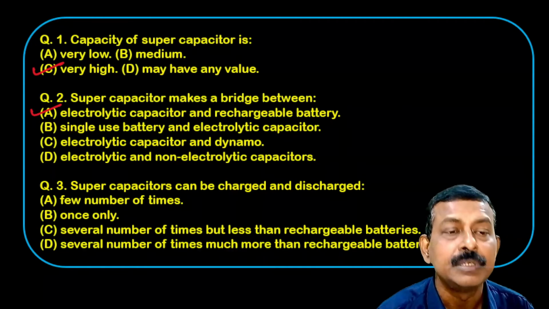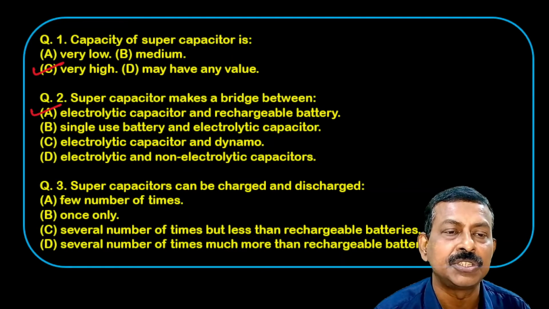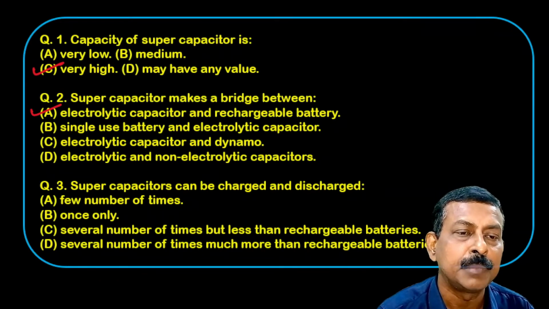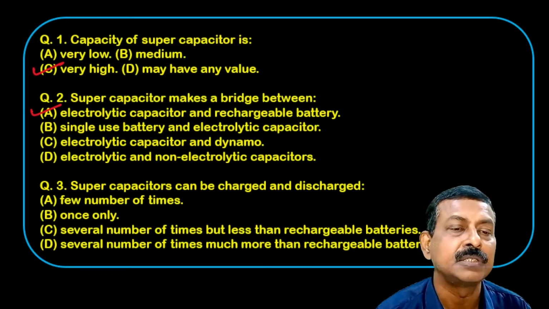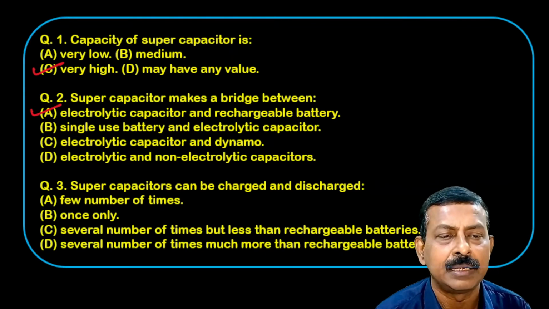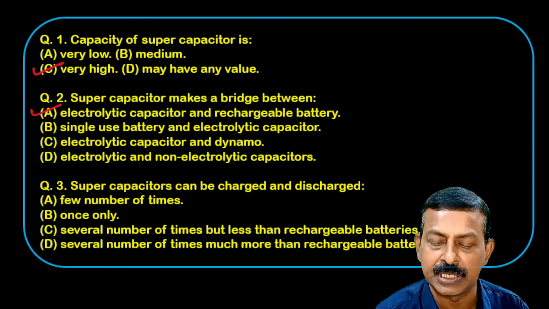Let's now take the third question. Supercapacitors can be charged and discharged: first, a few number of times; second, once only; third, several number of times but less than a rechargeable battery; and fourth, several number of times much more than a rechargeable battery.